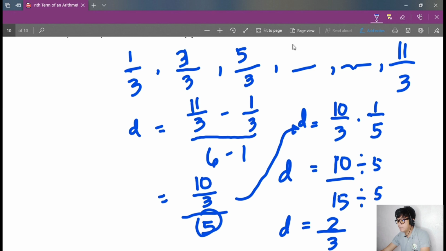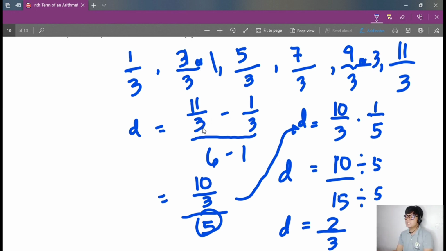5 over 3 plus 2/3 is 7 over 3. And 7 over 3 plus 2/3 is 9 over 3. This one can be simplified: 3 over 3 is 1. 7/3 cannot be simplified further. 9 over 3 can be simplified, so it is 3.